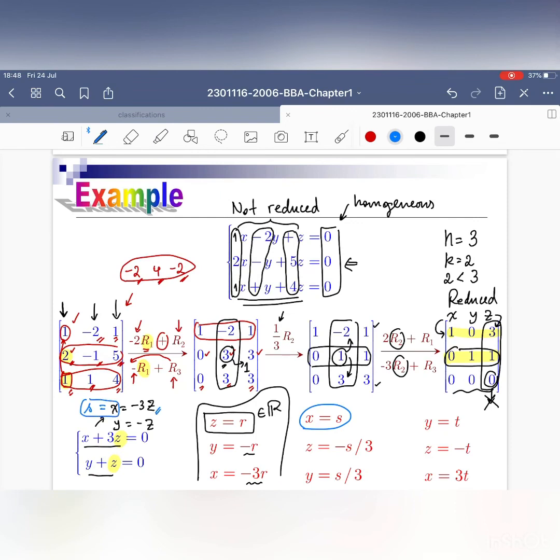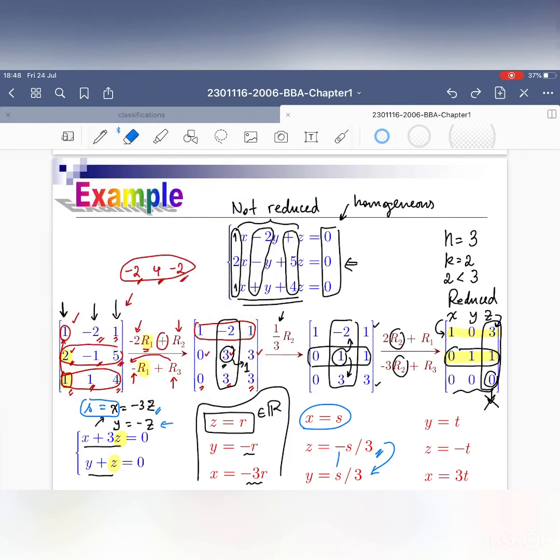Your z will be s over -3, or -s over 3. And as you know your z, you know that your y is -z, so it is the negative of -s over 3, so the negative is gone.